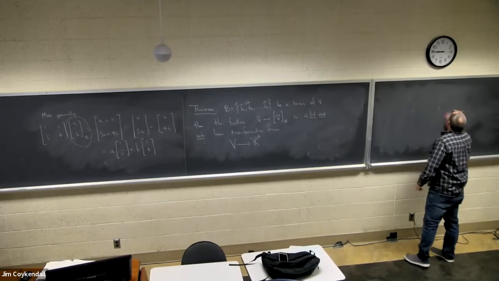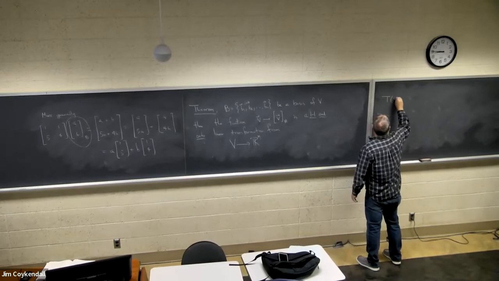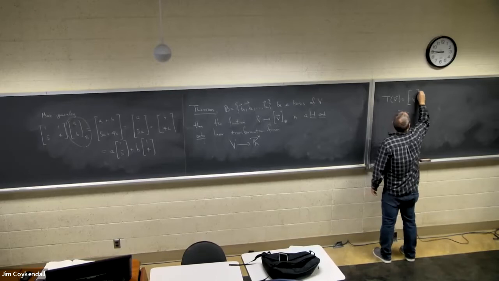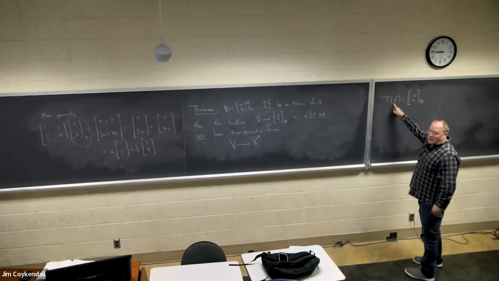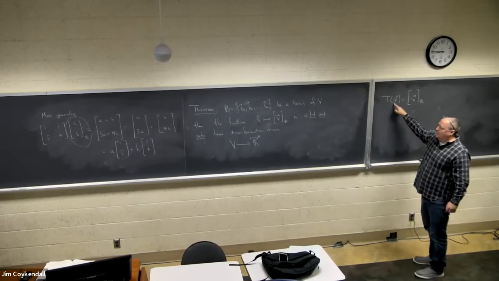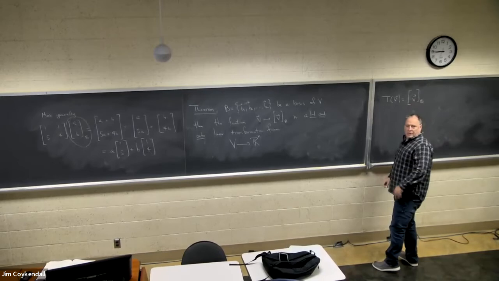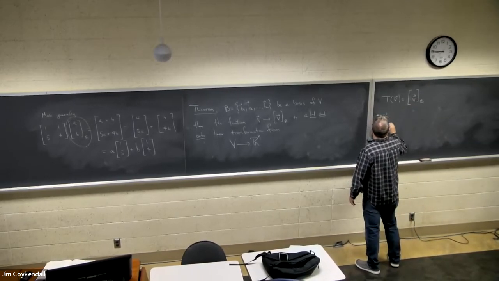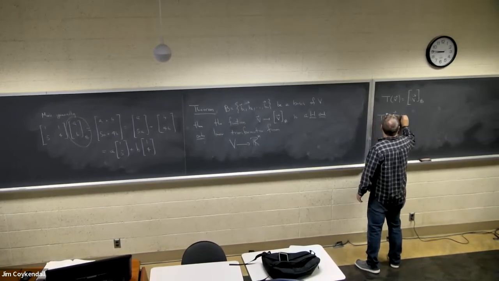So why does this work? We'll find T on B. My input is any old vector that's a linear combination, and my output is its coordinates. Let me show you how this works. V is written uniquely as C1 B1 plus through Cn Bn.